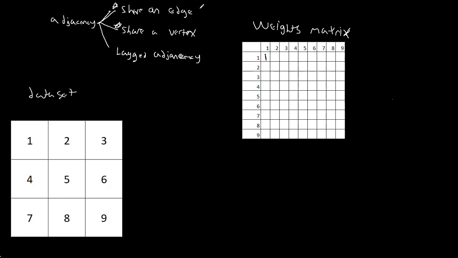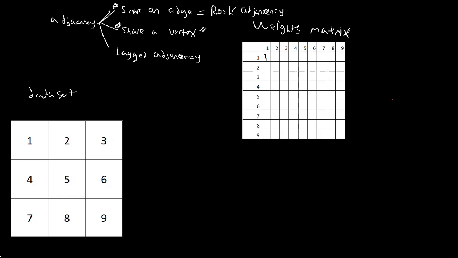But if we only consider objects that share an edge, there's a special name for this. This is called Rook adjacency. You can think of this like the chess piece, right? The rook from the chess can only move up and down, left and right, right? In this case, the only things that are adjacent are either up and down or left and right.